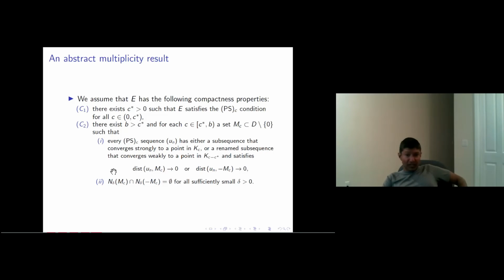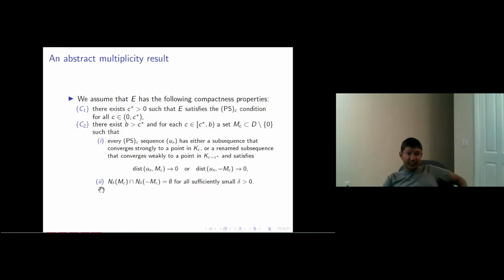It says that if you take any PS sequence, and if it does not have a strongly convergent subsequence, then it has a weakly convergent subsequence that converges to a critical point, but at a different level, namely at the level c minus c star. And it also satisfies one of these two limits.